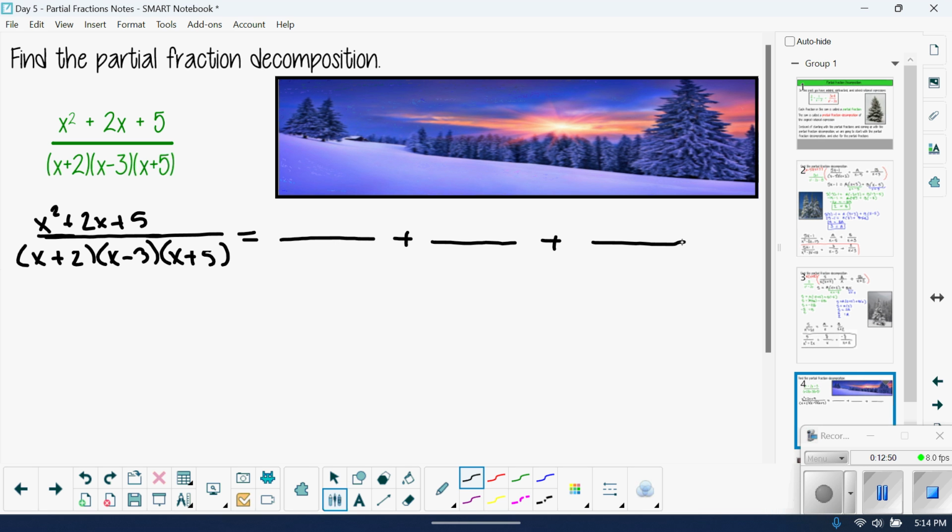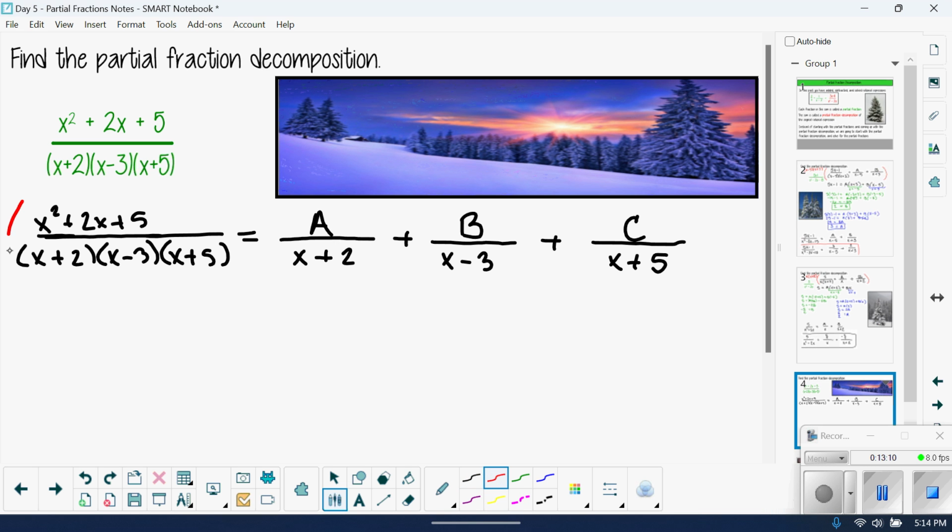And then each denominator gets one of our factors. So we have an x plus 2, an x minus 3, and an x plus 5. Now, because all of these factors are linear, I know we're going to get constants up here. Now, this time, since there's 3, I'm going to have 3 variables. And then we attack it the exact same way.